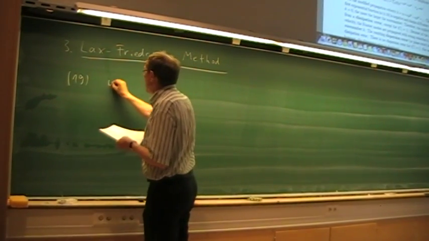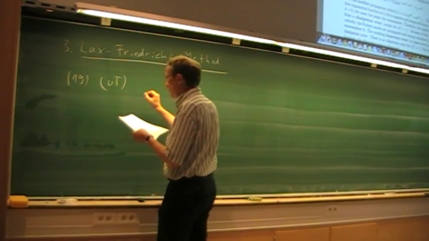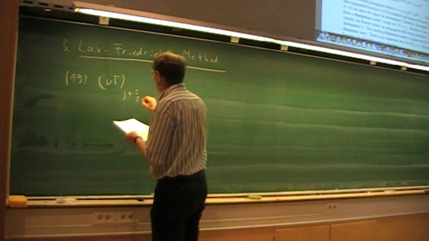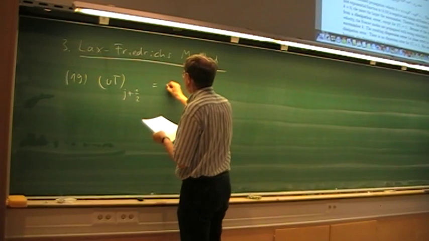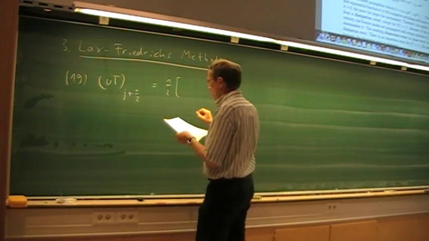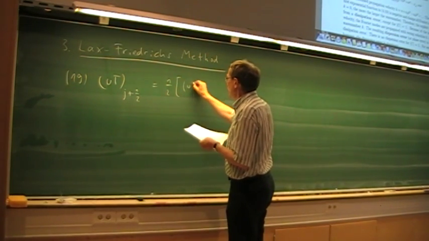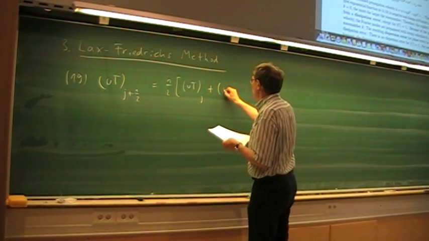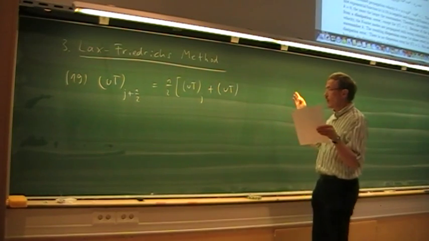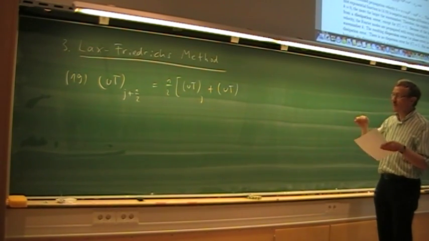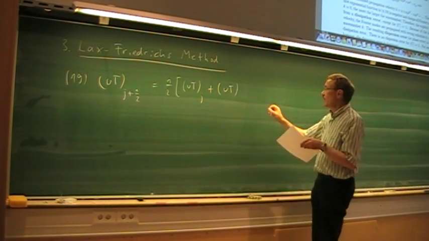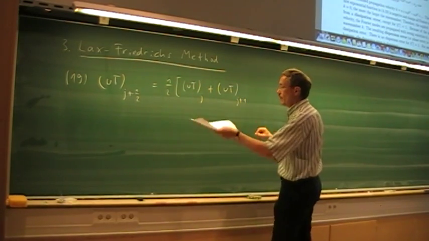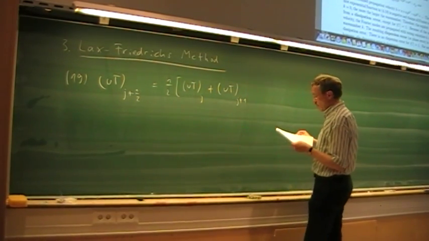There, the approximation of the convective flux at j plus 1/2 is done in a similar way as for the upwind method, which we wrote in this special form, where we have the average of the convective fluxes evaluated with the values in the cell j and in the cell j plus 1 for the face j plus 1/2.